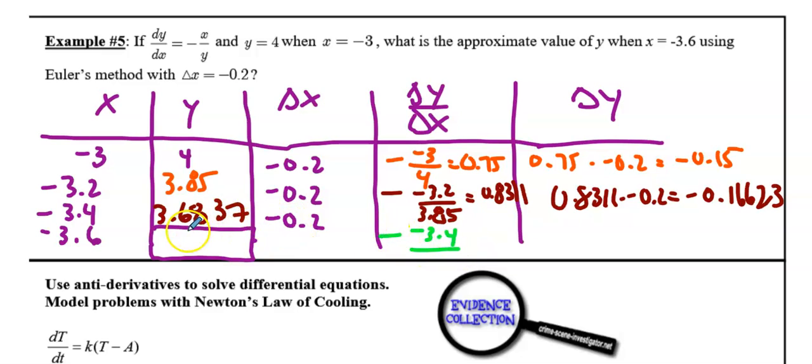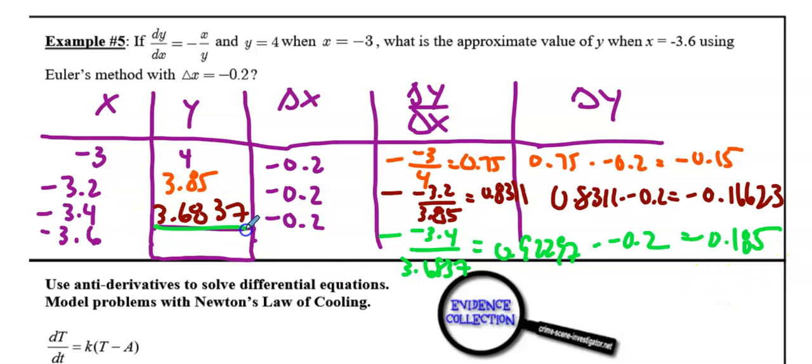To summarize the rest of this, we then use our negative 3.4 all over our new y value, which again is 3.6837. We evaluate this using our good old calculator, and I get 0.92297. We multiply this by negative 0.2, and we get a decimal answer of negative 0.185.